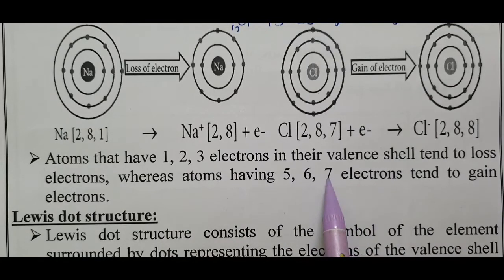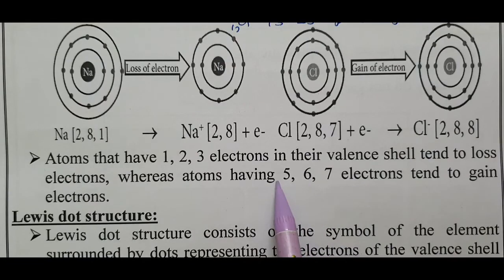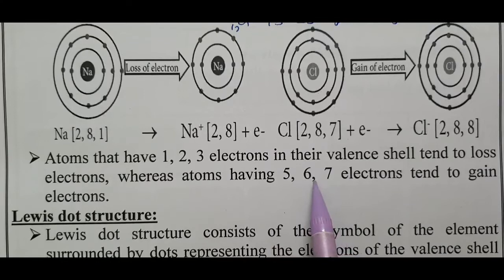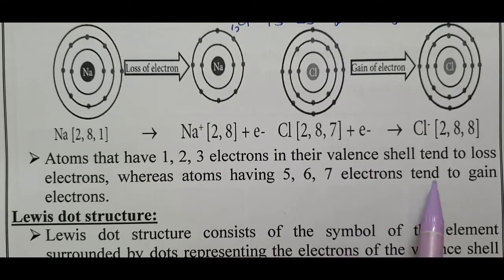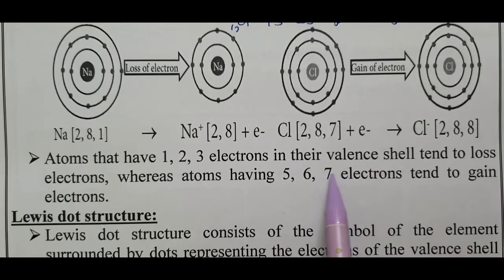Halogens, the 17th group elements, 16th group elements, chalcogens and nitrogen group elements, pnictogens, gain the required number of electrons to get 8 electrons. Halogens gain 1 electron, chalcogens gain 2 electrons, pnictogens gain 3 electrons.